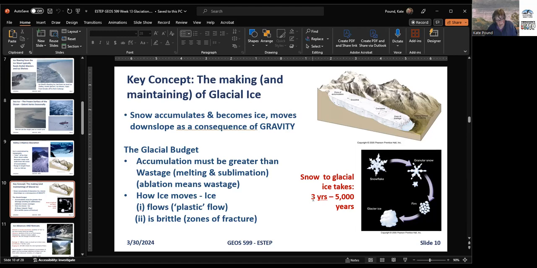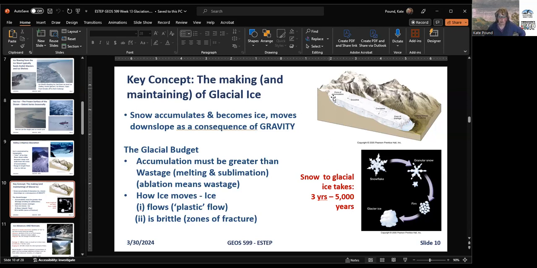And that's because the liquid water can percolate down through the ice and freeze and help facilitate this transition. Whereas in a place like Antarctica, for example, it takes much longer to make that glacial ice.